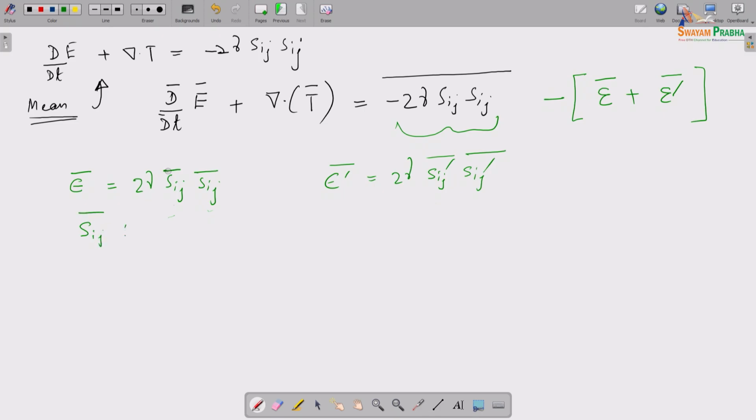So therefore this here, as we wrote down, this is the mean of the rate of strain, right? This is the rate of strain basically, and this is the mean of the fluctuating part of the rate of strain.